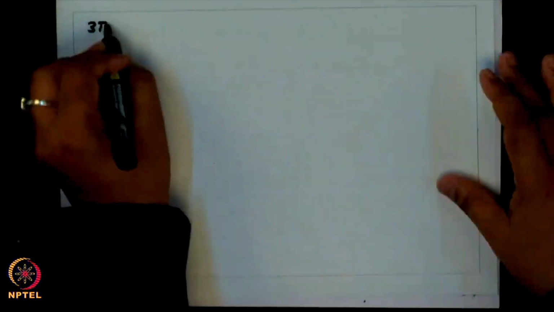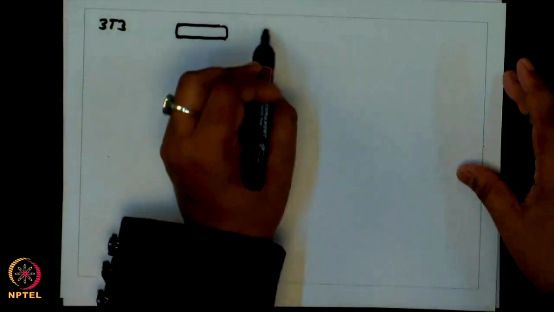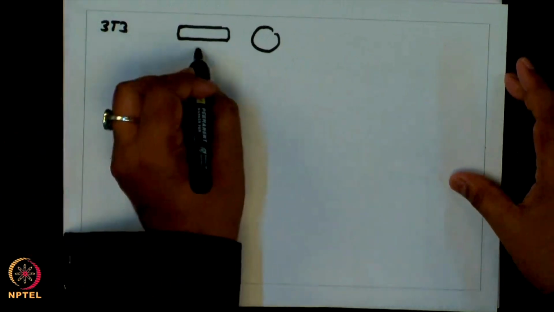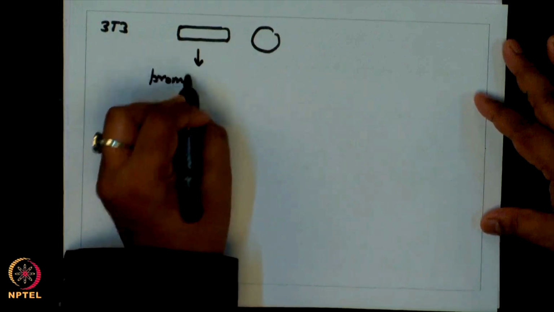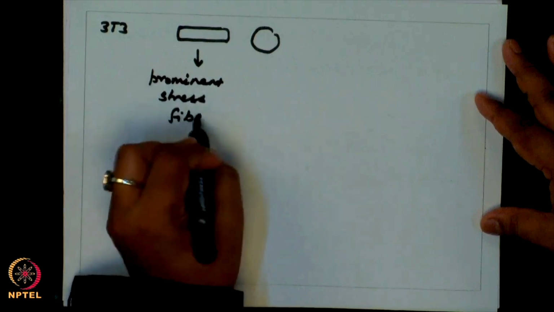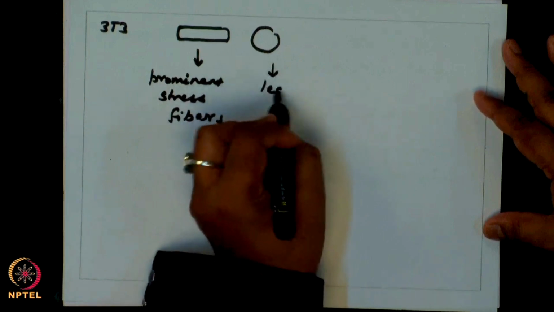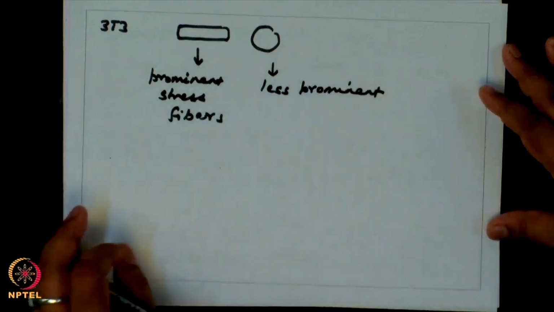What they did once again was plate 3T3 fibroblast cells on these islands. So, you have two geometries, elongated and circular. On this geometry they show prominent stress fibers, indicative of increased contractility, while there were much less prominent stress fibers in this case.